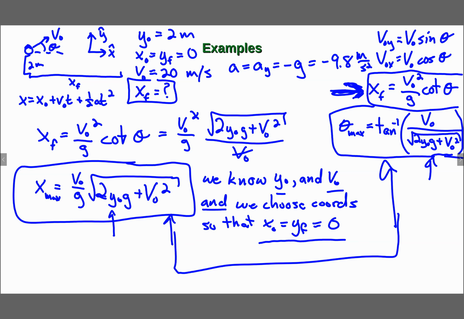This is just a completely general example that is going to be useful to us in all kinds of situations later. So these two are things you should write down: x max and theta max, the maximum range for projectile motion and the angle that produces that maximum range. And the whole reason I spent all this time deriving this is because these are really general, really useful expressions that only rely on knowing the initial height and the initial velocity. And then we just set up our coordinates so that everything works out.